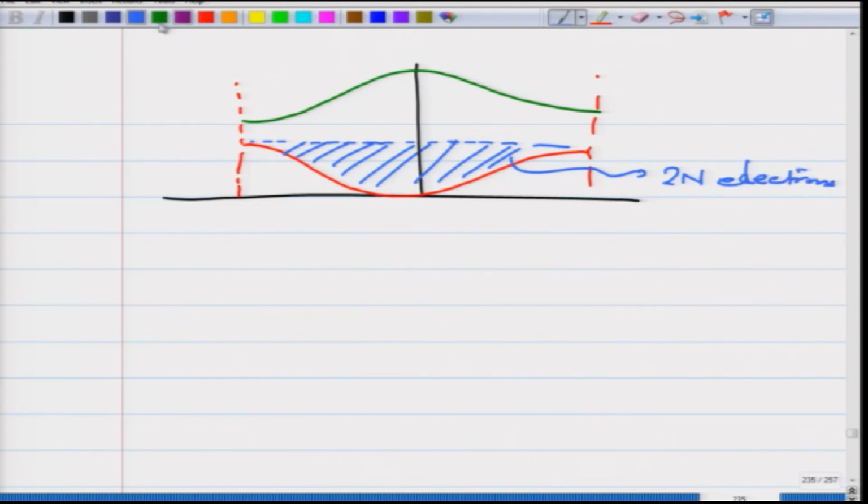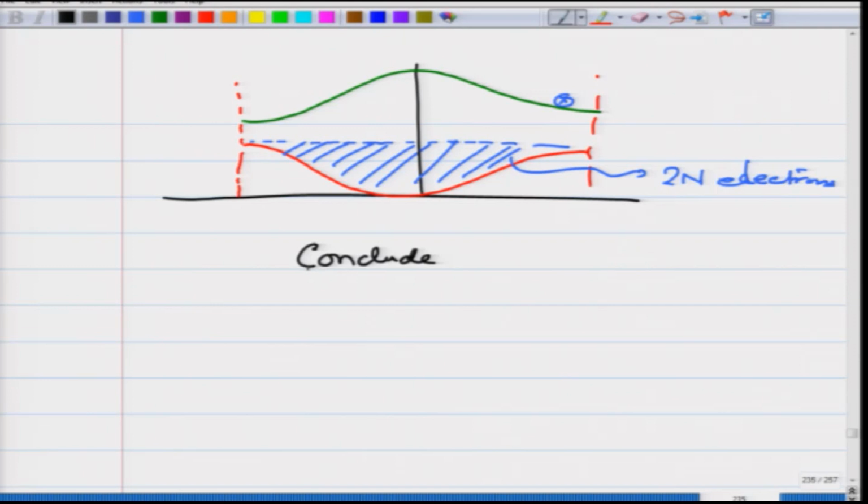If you put the next electron, it will go to the next band, lowest energy. So, 2 electrons in one k state, and this leads to metallic, semiconducting and insulating properties of solids. This we will discuss in the next lecture.